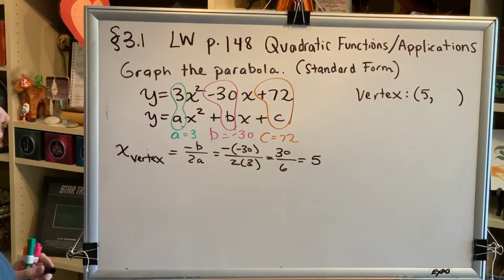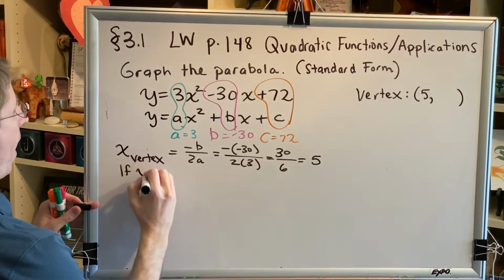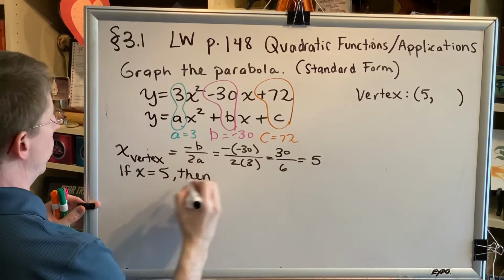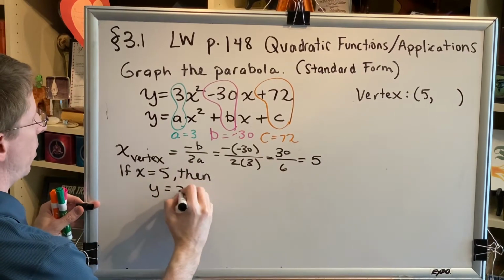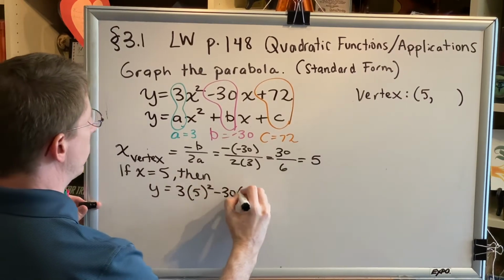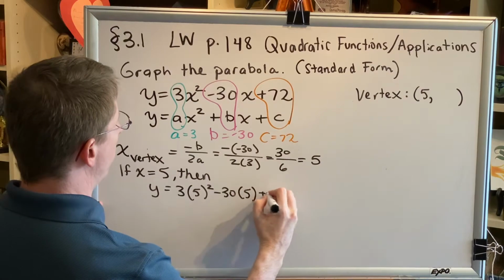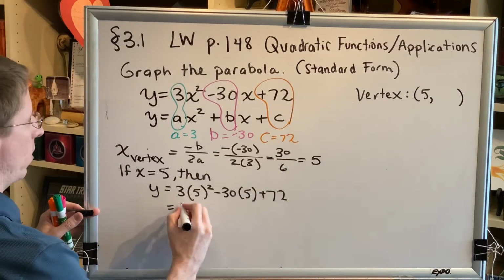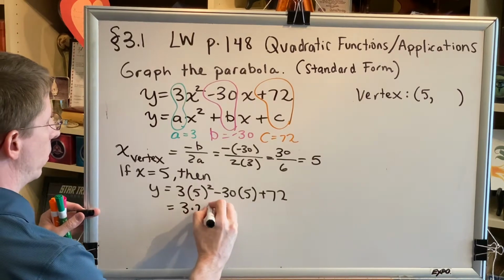Now we just have to find the y-coordinate that goes with it, which we do by plugging in. If x equals 5, then y equals 3 times 5 squared minus 30 times 5 plus 72. 5 squared is 25.